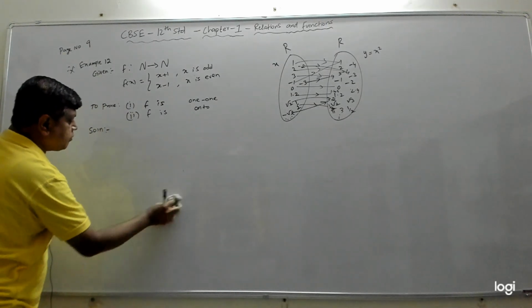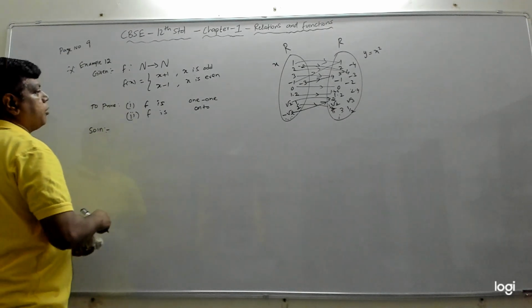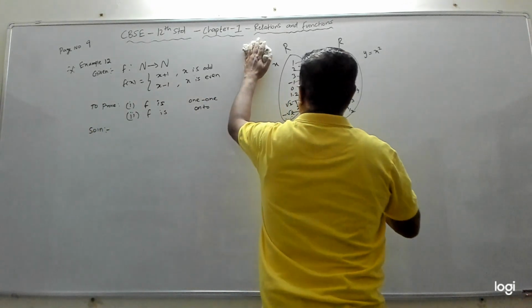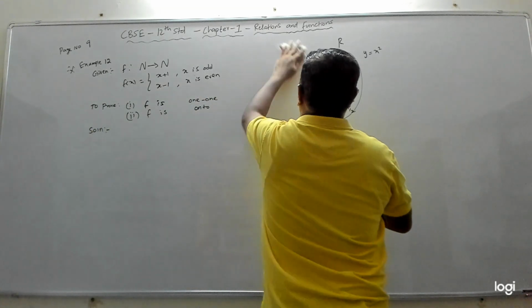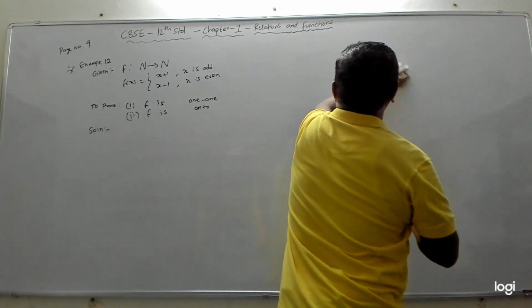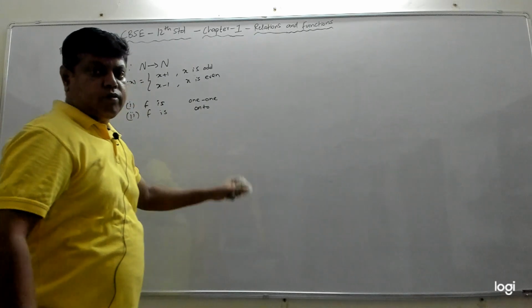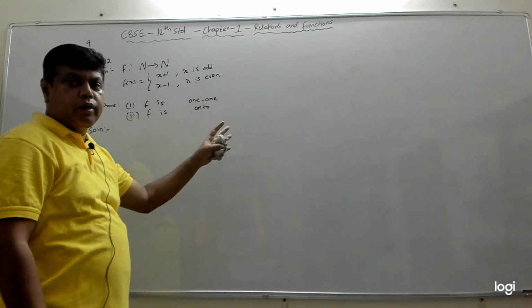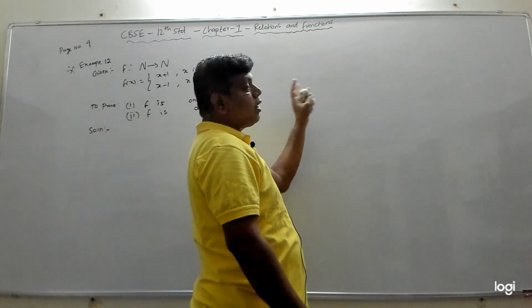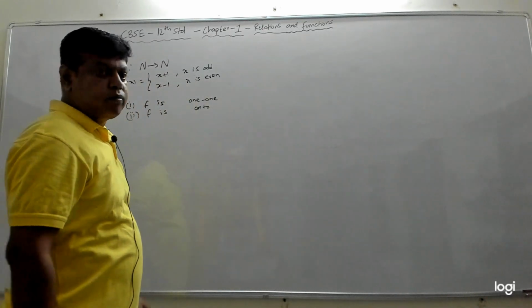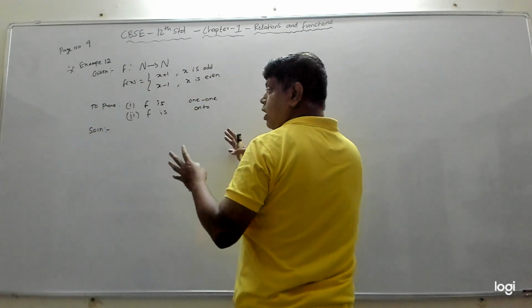Now, how do we show that f is one-to-one? How do we show that f is onto? I will try to draw this diagram. It's not required to draw for every problem, but I am drawing it because I want you to understand how the function definition works, so that will help you understand the problem.